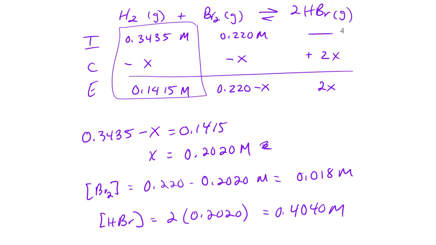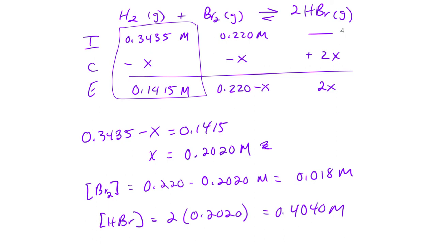Questions on anything? Yeah. Where did we get that? So because we know our initial concentration of H2 and we know the final concentration at equilibrium of H2, we can figure out how much has reacted away by taking this value minus this equals this. So that's here. And then solving for x. So that is how much has reacted of H2.